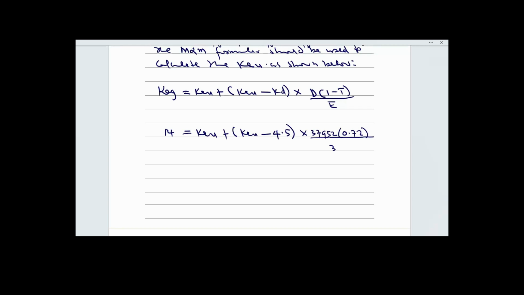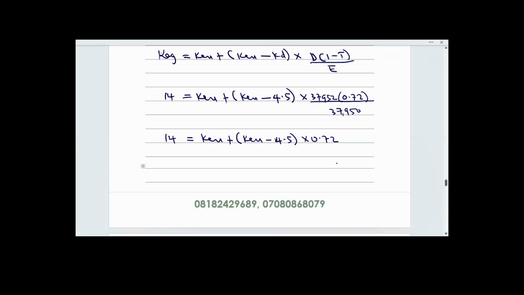37,950. So I would then say 14 equals KEU plus (KEU minus 4.5) multiplied by 0.72, then divided by 37,950. That's 0.72 multiplied by 0.72. So let's expand this.